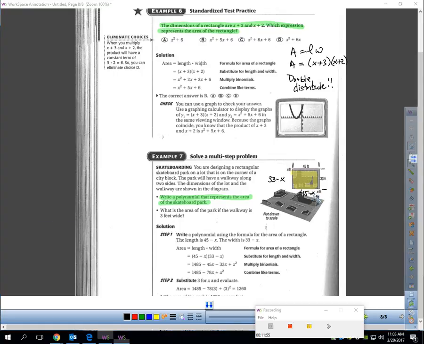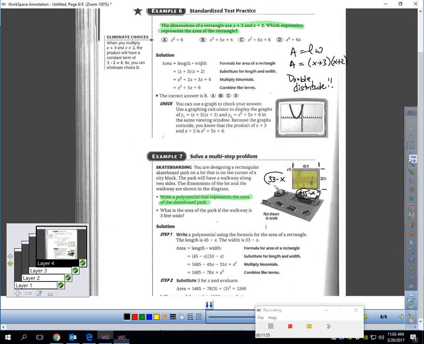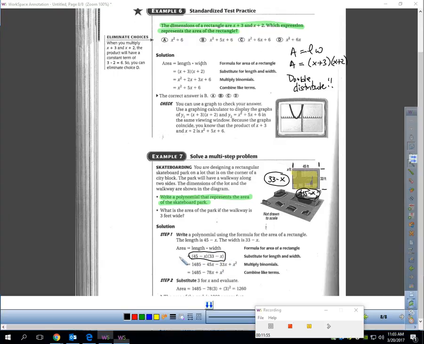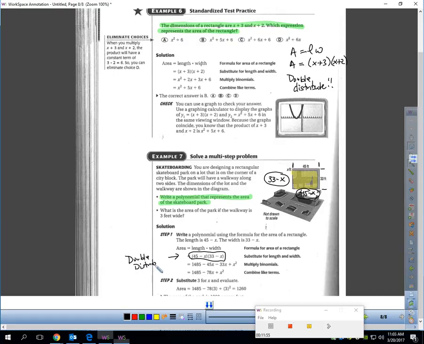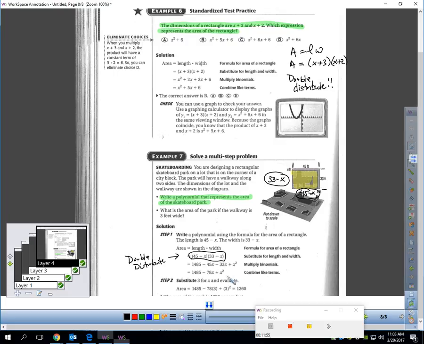So if I want to find the area, I got to take 45 minus x and multiply it with 33 minus x. That's length and width, which you see here. This would be a double distribute problem. So from here, all you have to do is double distribute, simplify, and that would be the expression for the area of the skateboard park.